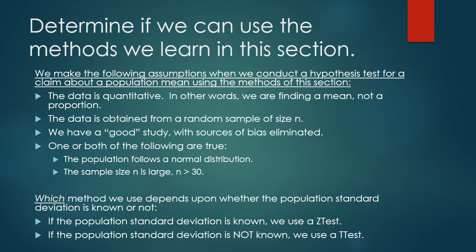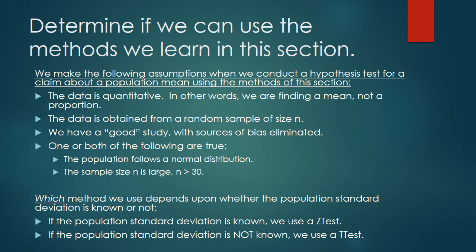Now, which method we use to conduct our hypothesis test depends upon whether we know the population standard deviation or not. Remember, the central limit theorem tells us that a population has a mean. There is a mean for quantitative data that the population has. The sampling distribution of the means is a normal distribution.